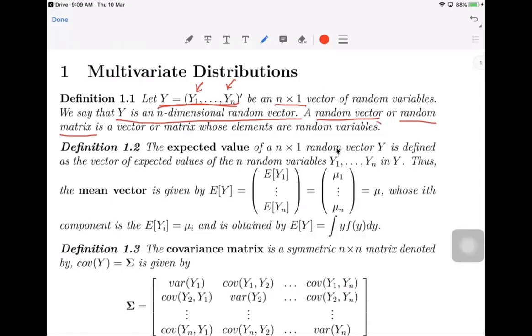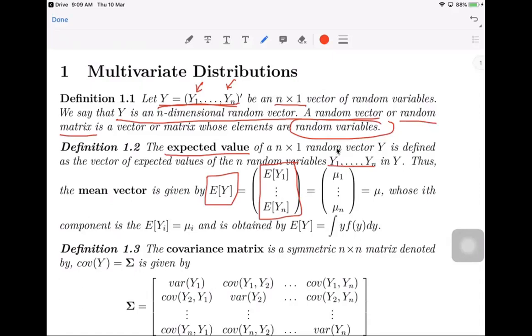If they are random variables, we can find the expectations of the random variables. The first definition here is the expected value, which we usually denote by E of y. The expected value of your random vector y is the expectations for each of the y1 to yn.